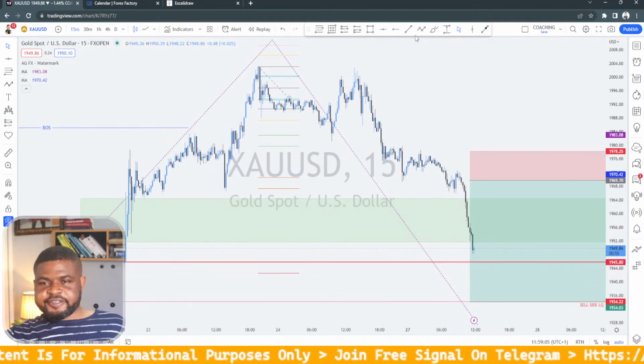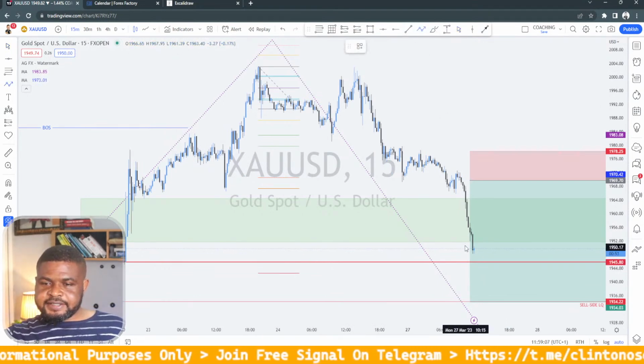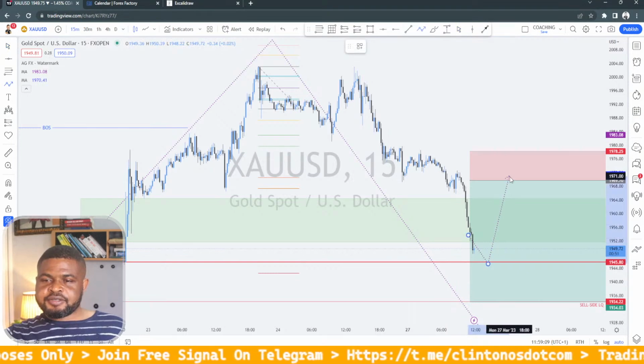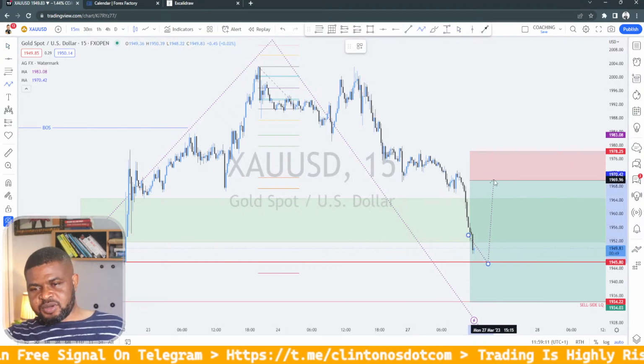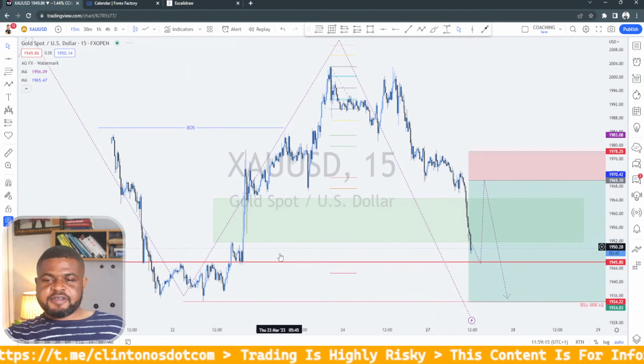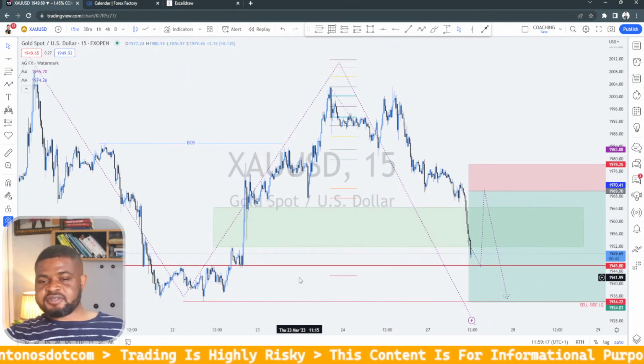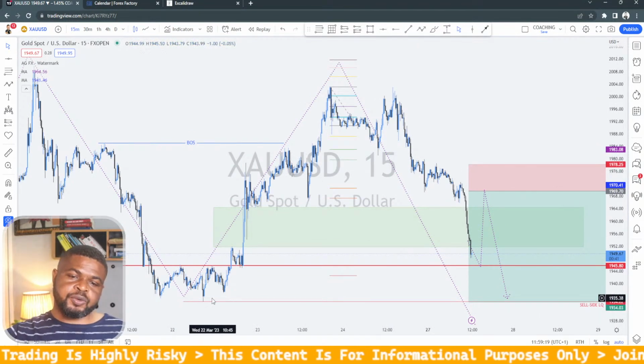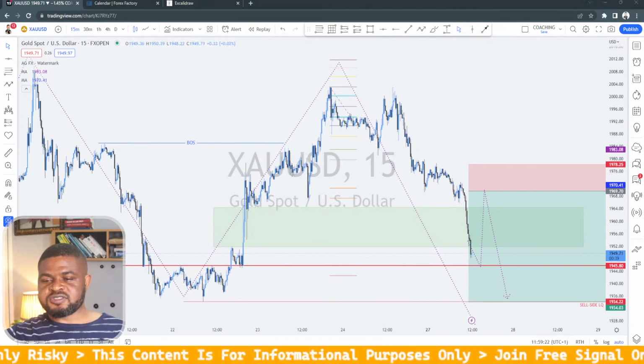Maybe if we see this take profit, we might likely see this. I don't know, I'm not sure about this entry, but at least I think the liquidity around this low, this swing low, is a target.